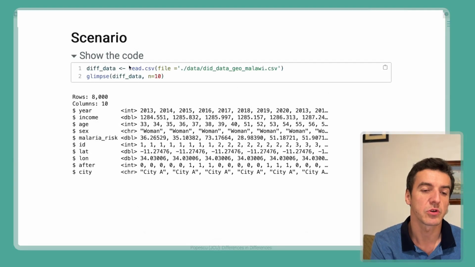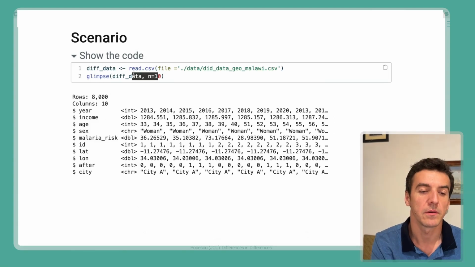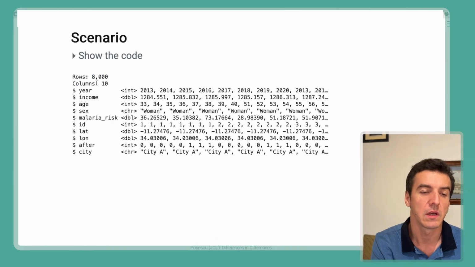If you click on show code, I'm showing you here how to load the CSV file and how to observe the first 10 variables. So we're dealing with 8,000 observations. We have multiple years, 2013 all the way to 2020.